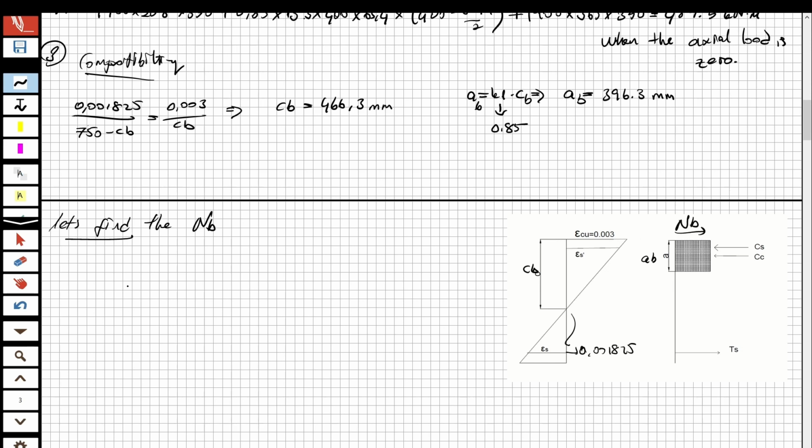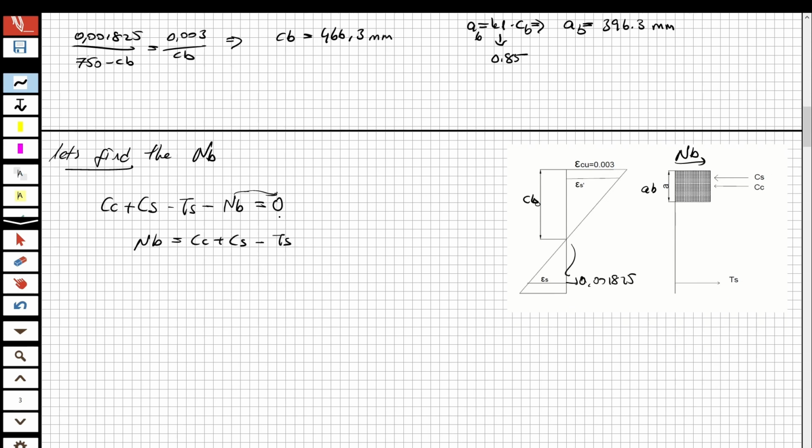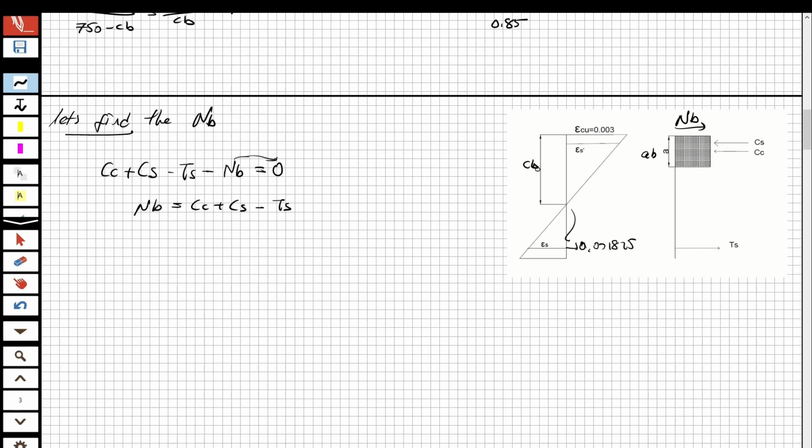I'm going to write an equation here: compression concrete plus compression steel minus tension steel and minus the balance axial force. So when I take this balance axial force to here, it's going to be something like that, and minus tension force.